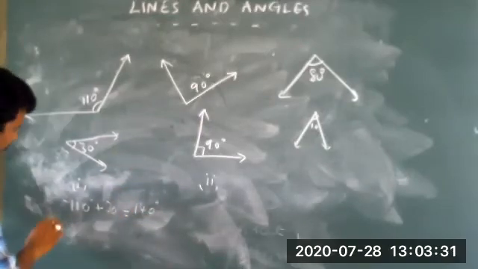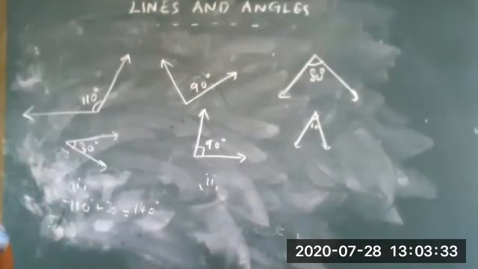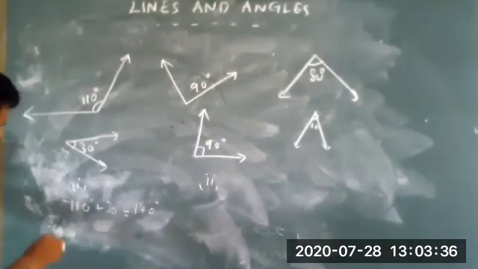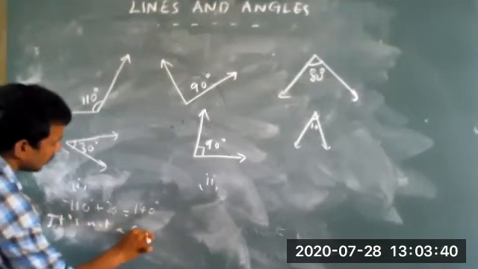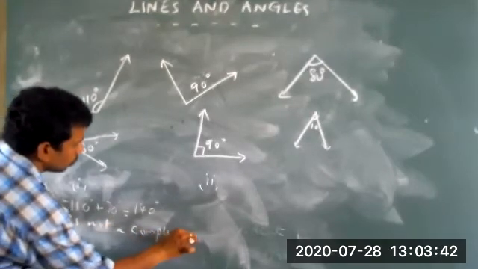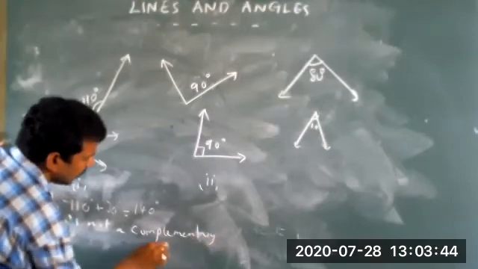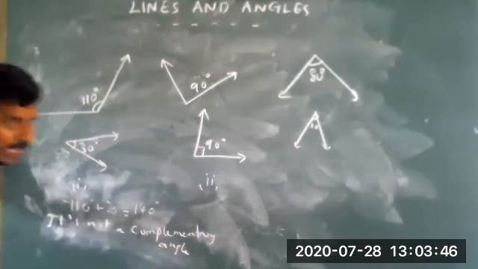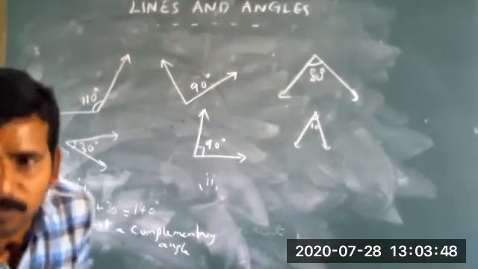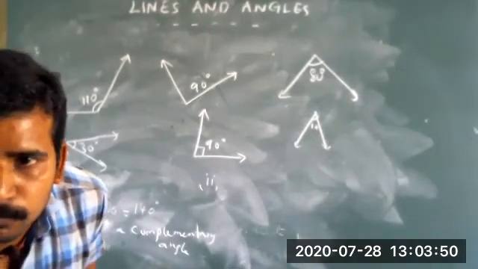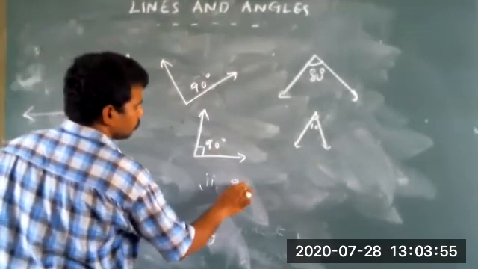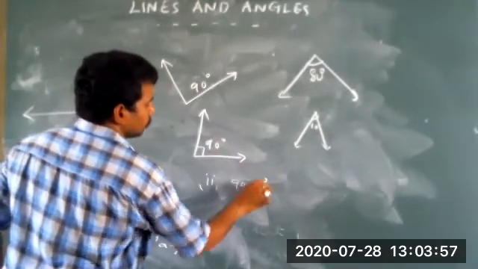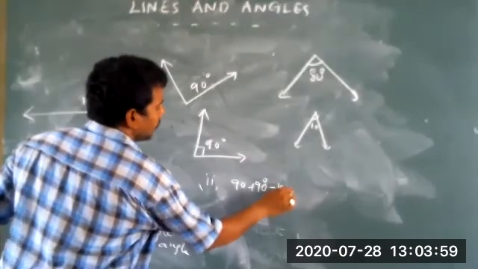So it's not a complementary angle. The second pair, 90 plus 90 is equal to 180.